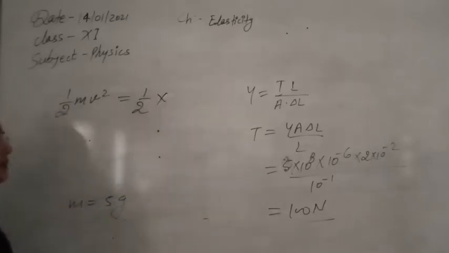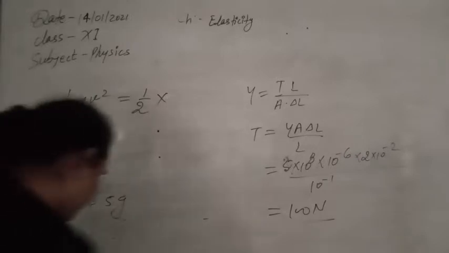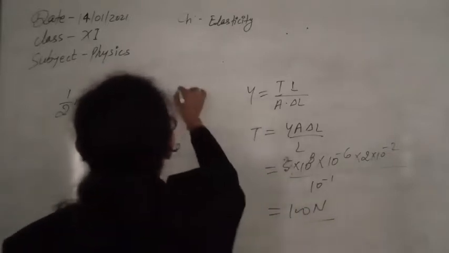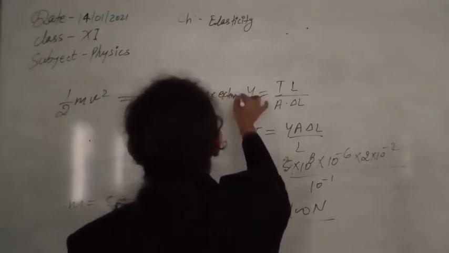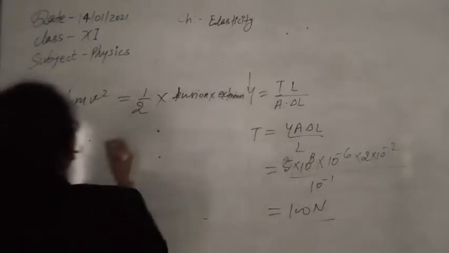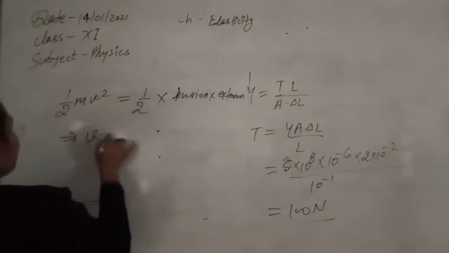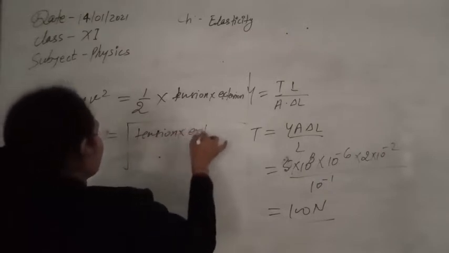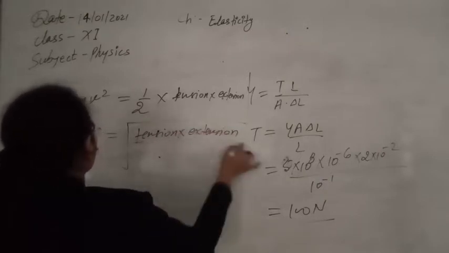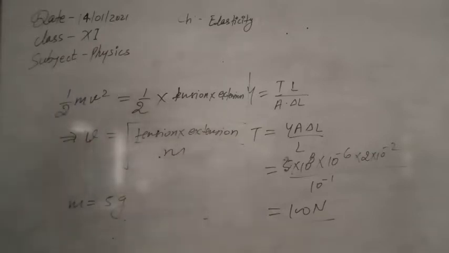I will use a very simple case here, half into tension into extension. This is also the elastic potential energy format. The 1 by 2 cancels out, so v will be root of tension into extension upon mass. Let's put in all the values to solve this.